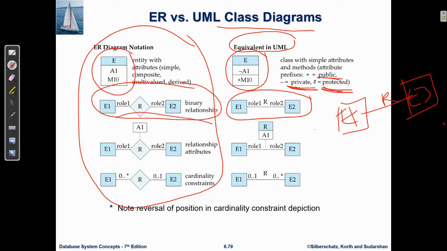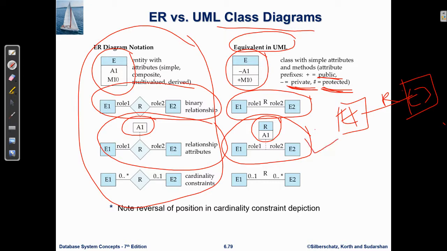Similarly, if there are relationship attributes, E1, E2 and a relationship with an attribute A1, then in UML E1 is associated with E2 with a dotted line, and you draw R as the relationship. Below it, the attribute of the relationship is mentioned as A1.